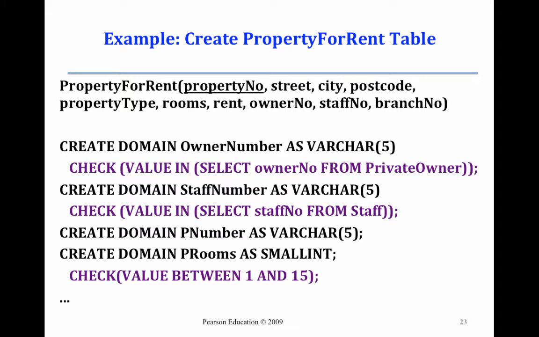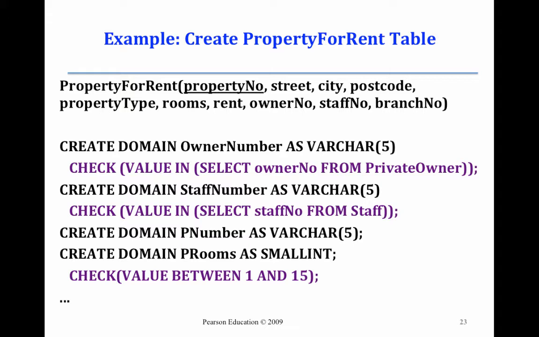There just wasn't enough room on the slide for it, hence the ellipsis. But for owner number and staff number, you can see that we are ensuring that the value is in one of the owner numbers or staff numbers from private owner and from staff.